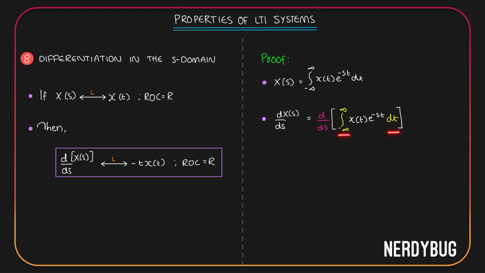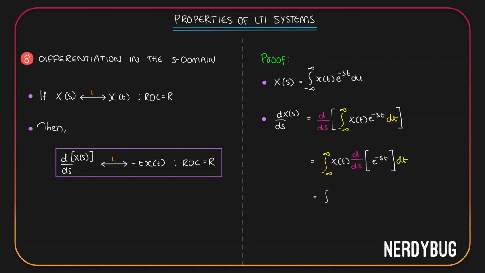There is an integration and there is a differentiation. I want to change their orders. Here the differentiation is with respect to the variable s. Over here we have x of t, which is a function of t, so it can come out of the differentiation. Now all we have to do here is take the differentiation of e raised to minus st with respect to the variable s. So it is going to be minus t e raised to minus st.